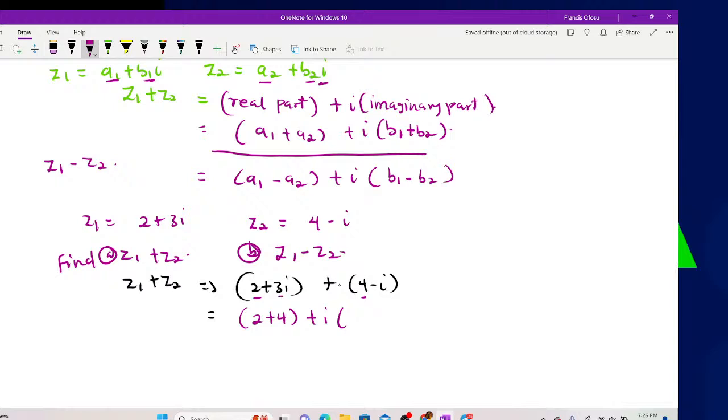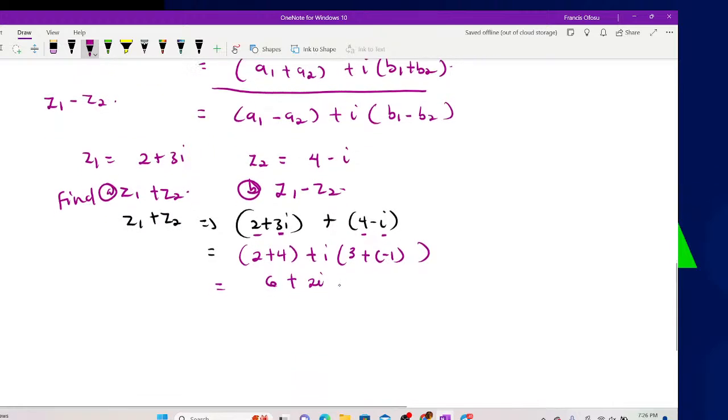I'll add the imaginary parts together separately. 3 plus negative 1, where the negative 1 is the coefficient of the complex operator. And at this point, I'm going to get 2 plus 4, 6, plus 3 plus negative 1, 2i. So simply, z1 plus z2 is 6 plus 2i. And that is how we go by addition of complex numbers.